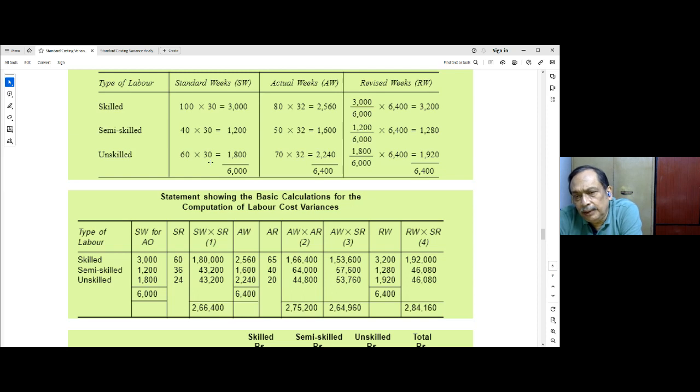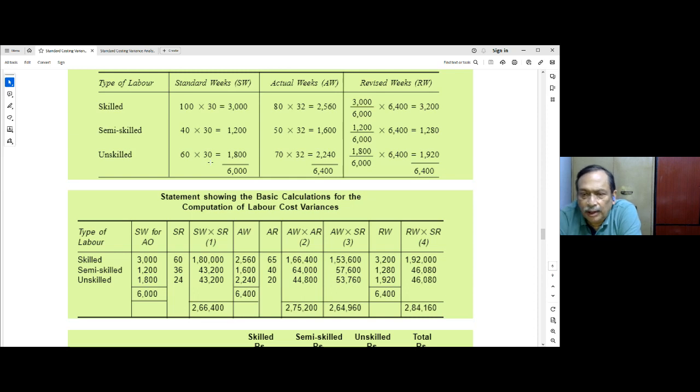Then AW into SR, that is 1,53,600, 57,600, 53,760. Total comes to 2,64,960. RW we have already calculated, that is 3,200, 1,280, 1,920.